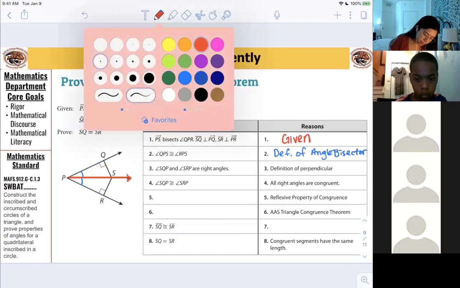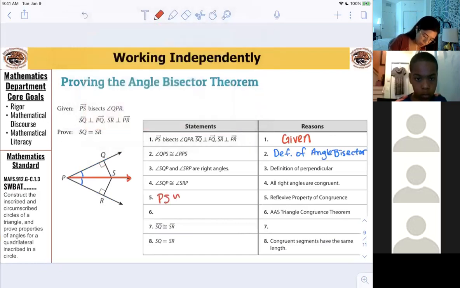Good job, PS is congruent to itself. And I also know from the previous step that Q and R are congruent. They're right angles and they're congruent to each other.